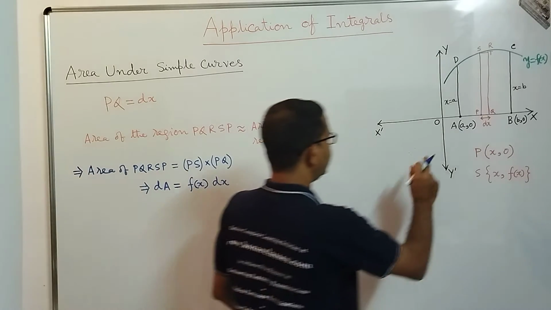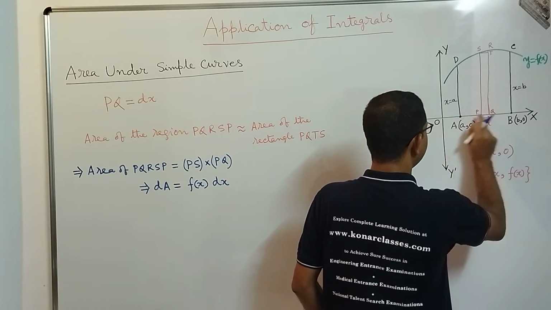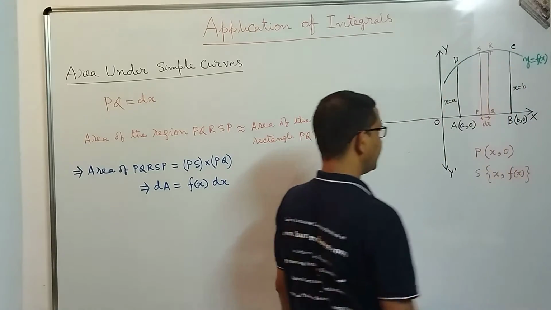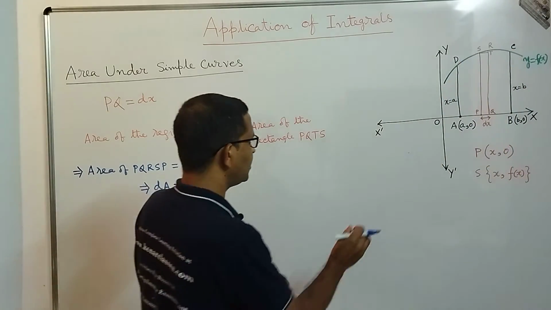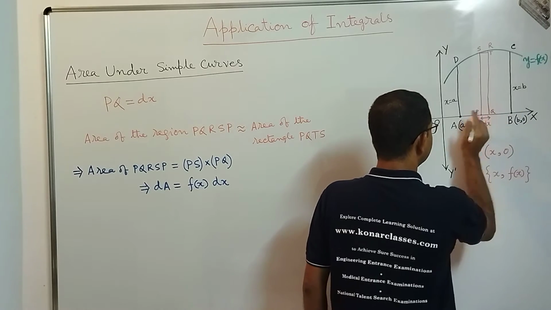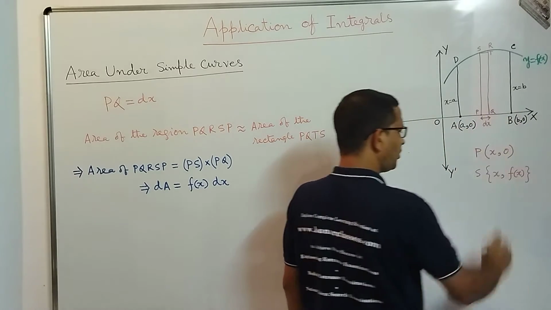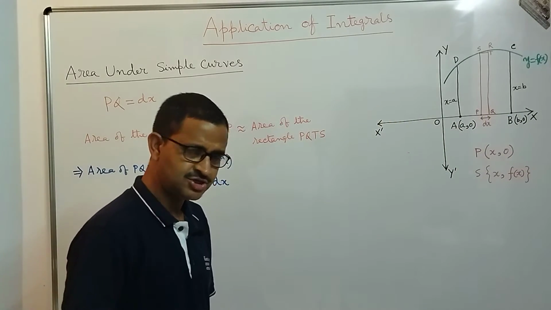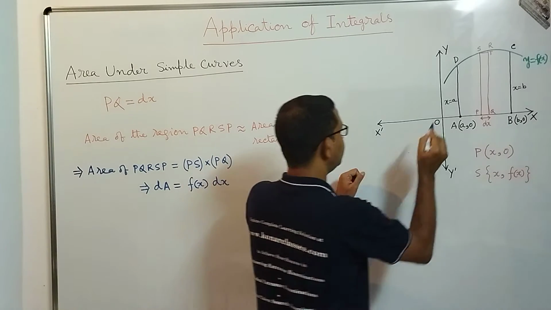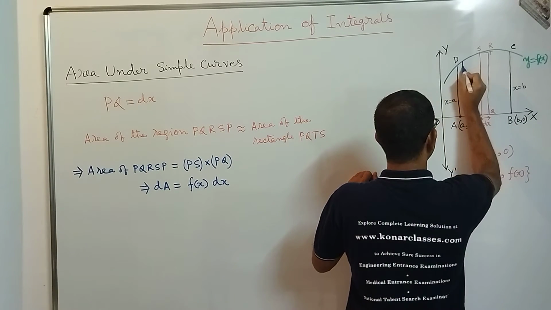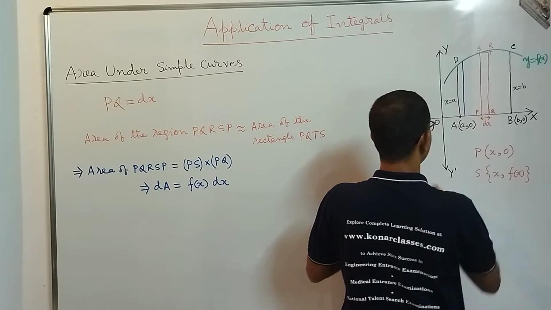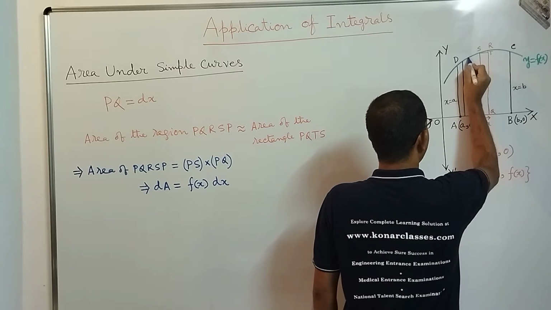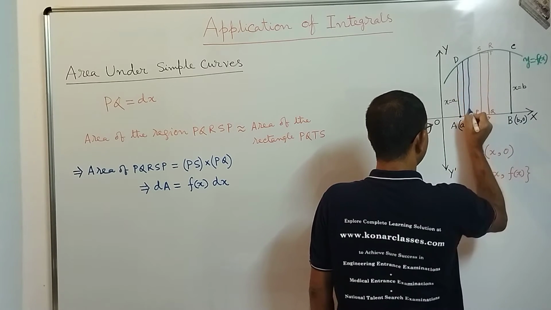Now how do we find the area of the region ABCDA? We can add all such strips together from point A to point B. We can take an elementary strip here and find its area, then add the area of this rectangle with this one.